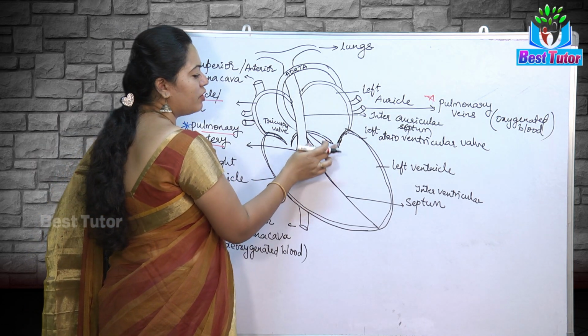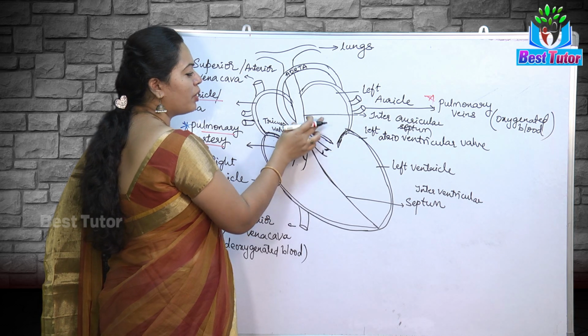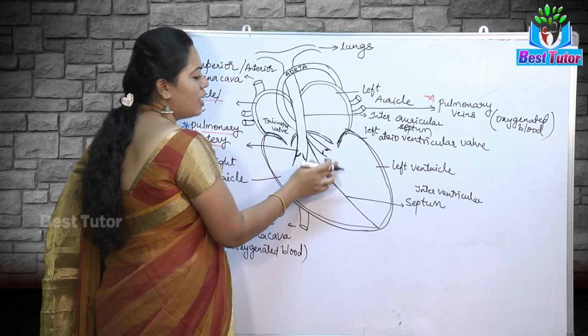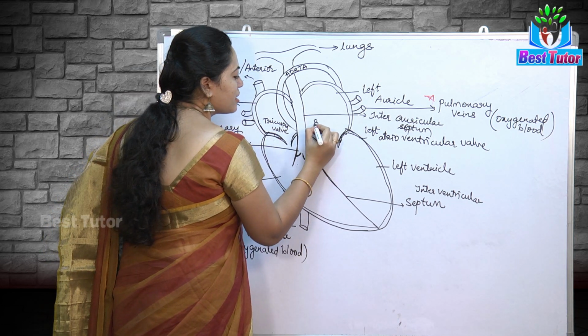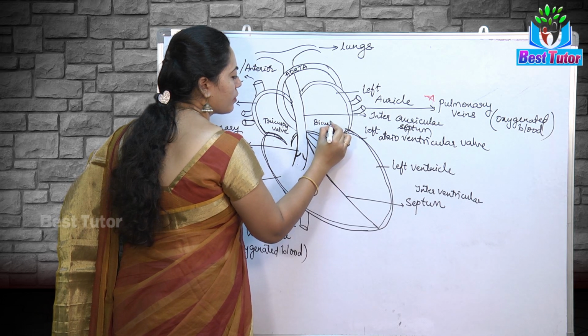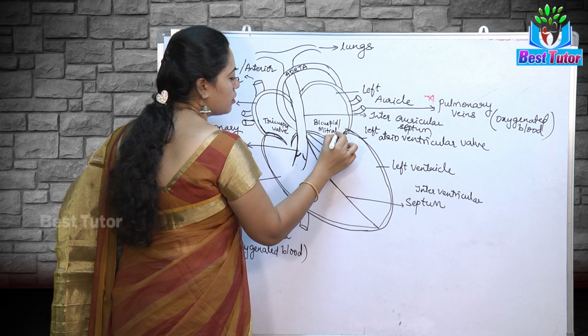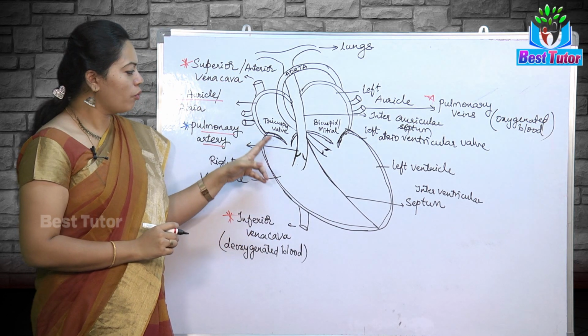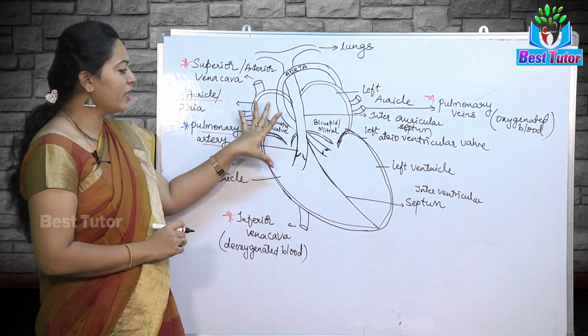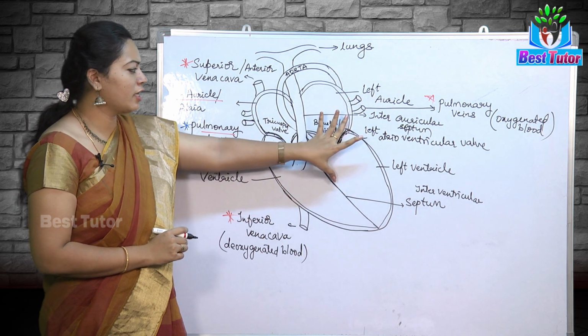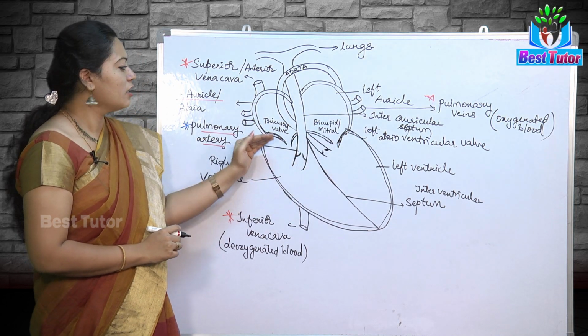Then next, the other valve which is present in between the left auricle and ventricle is known as the bicuspid valve or mitral valve. So, the two valves present between the right auricle and right ventricle, and the left auricle and left ventricle, are the tricuspid valve and the bicuspid valve.